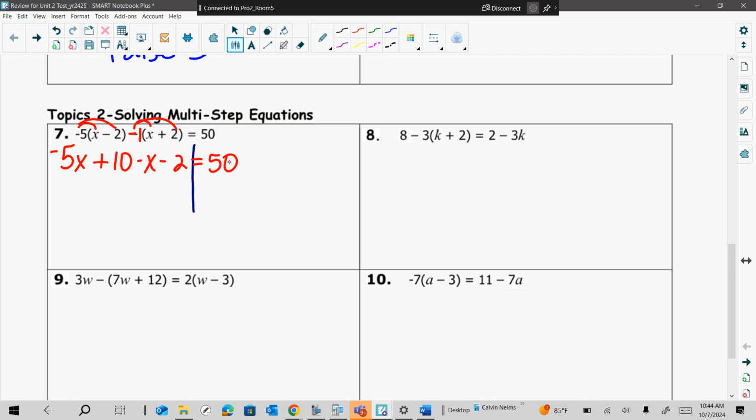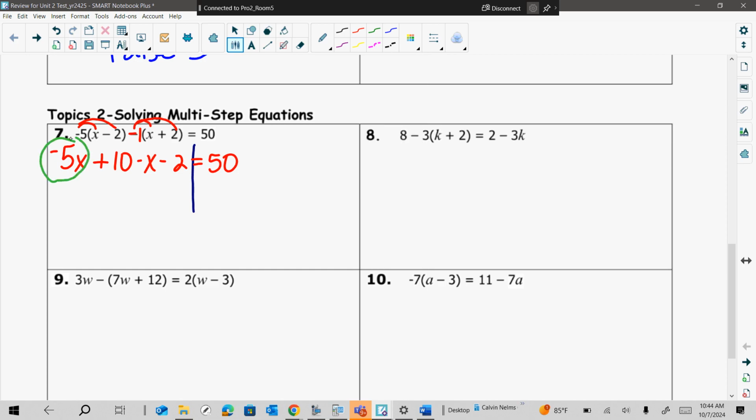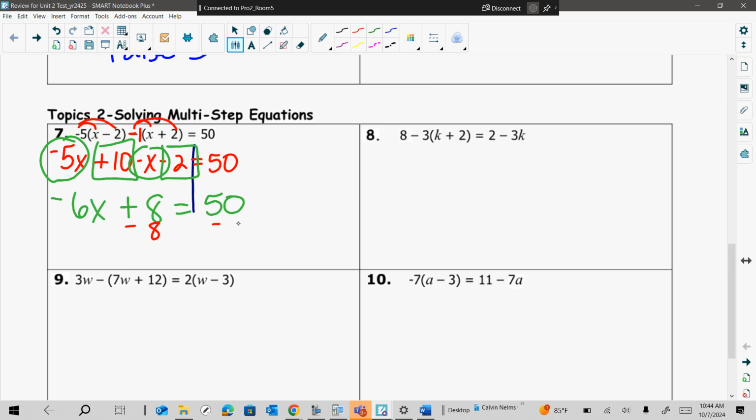Yes. Combine the like terms. Our like terms are what? Negative x and negative 5x, and then 10 and then negative 2. So I'm going to box the constant. So negative 5x and minus x, that's a negative 6x. This is going to now be plus 8 equals 50. All right, isolate the negative 6x term by subtracting 8 on both sides.